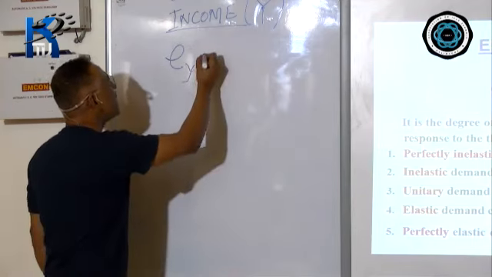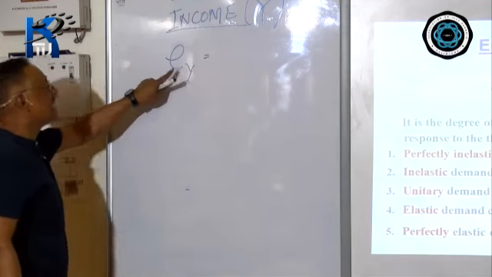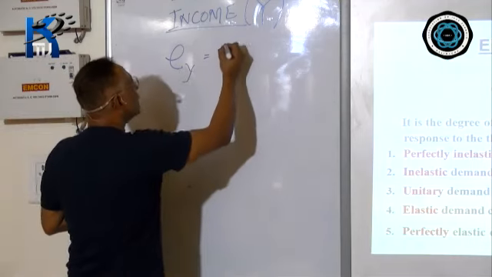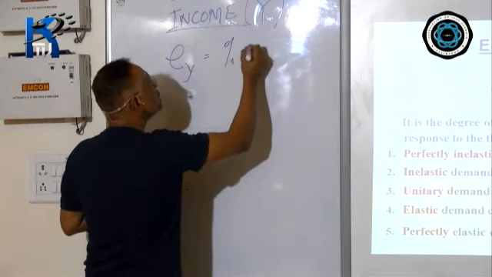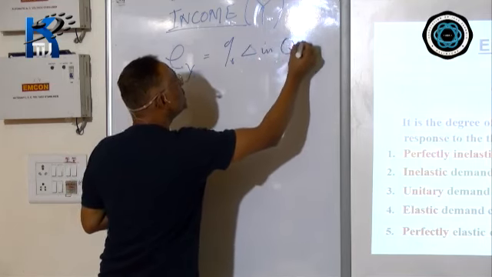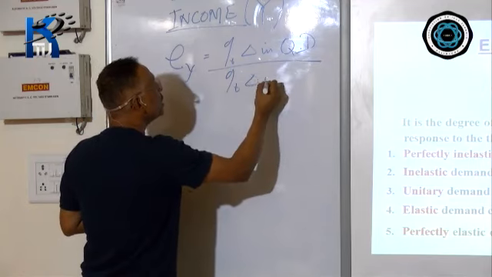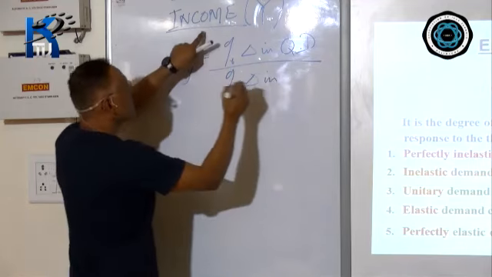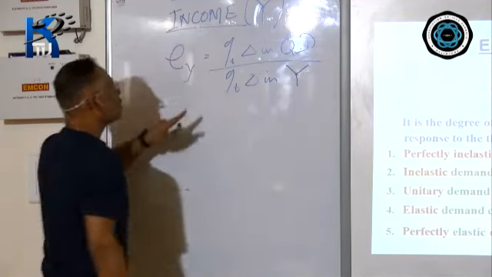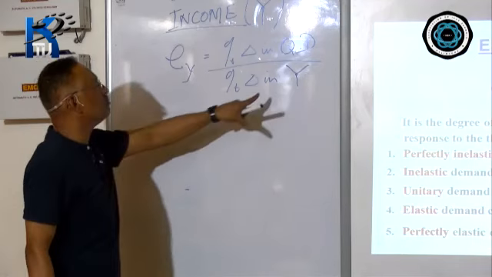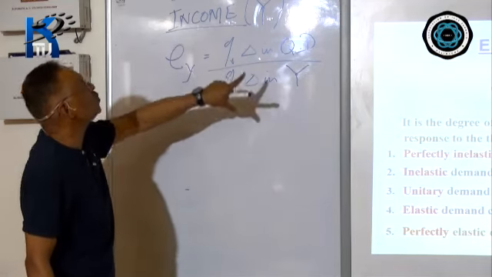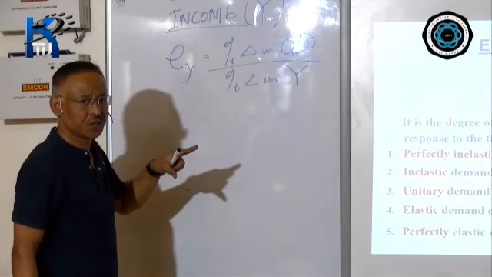You will understand that the income elasticity of demand is again percentage change in the quantity demanded upon percentage change in not price but income. So when your income changes, how much will your quantity demanded change?